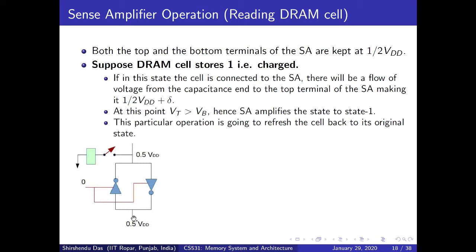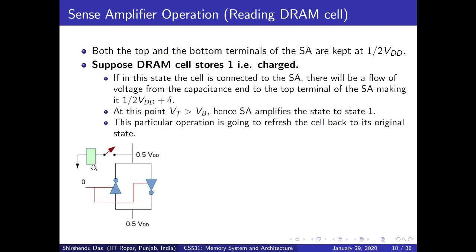And remember, as I said, if you want to write something, first of all you have to convert it to stable state one. So if you have already converted it to stable state one, that means this is VDD and this is zero. In this scenario, if you switch on this transistor, then some charge will flow through this direction, and this capacitor will be fully charged.